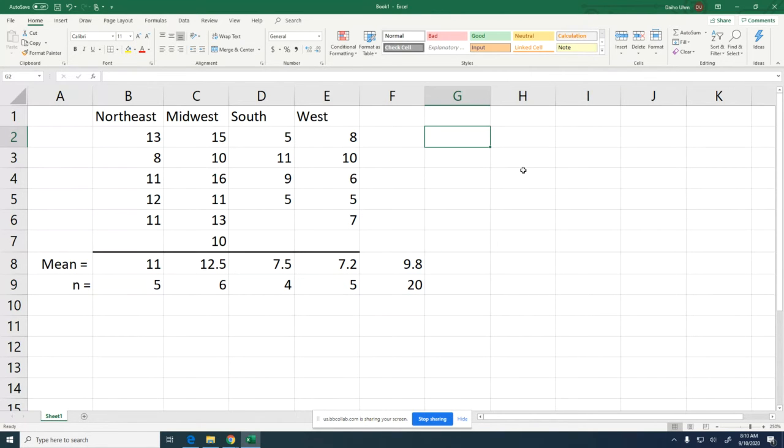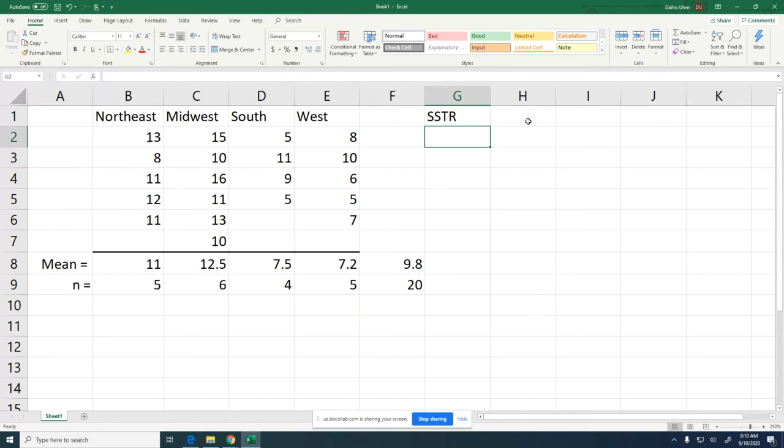Okay, what I need. I want to take the MSTR. For the MSTR, I'm sorry, we need the SSTR first, and then simply divide by the degrees of freedom. That will be the MSTR.